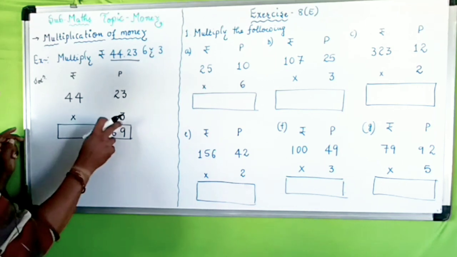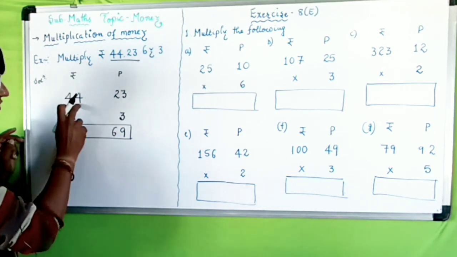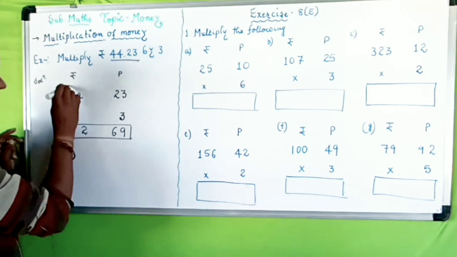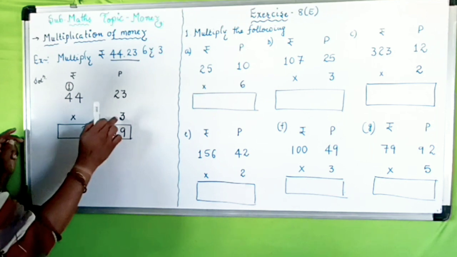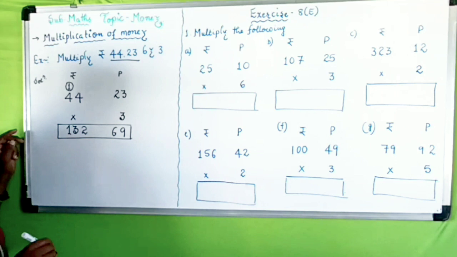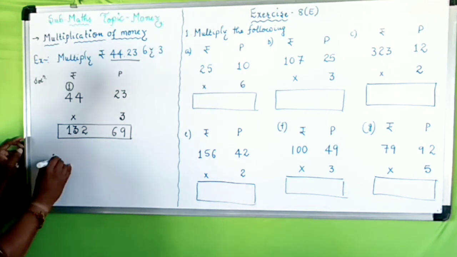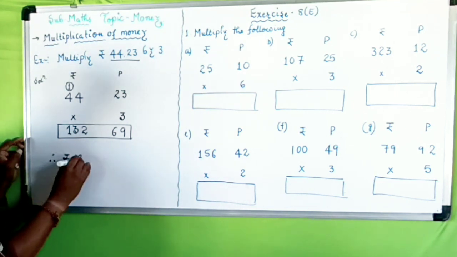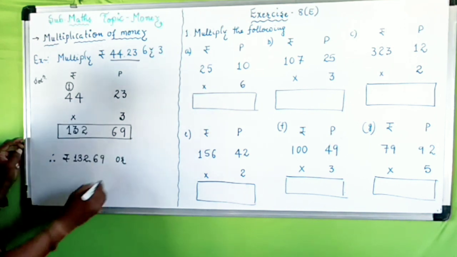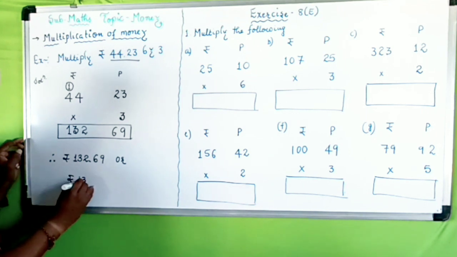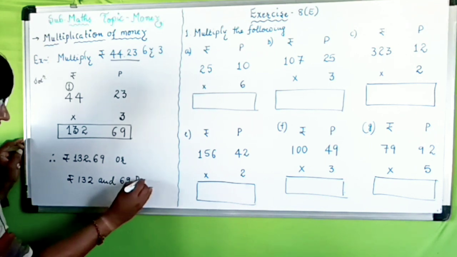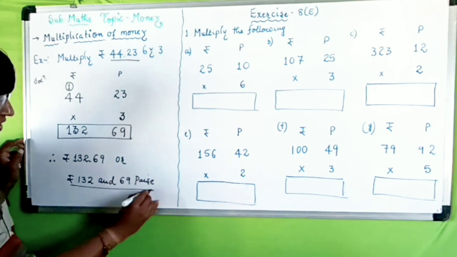Next, the same 3 we multiply in the rupees column with 4. 3 fours are 12, 2 down and 1 carry forward. 3 fours are 12 plus 1 is 13. Therefore the answer is rupees 132.69, or in the long form rupees 132 and 69 paise.